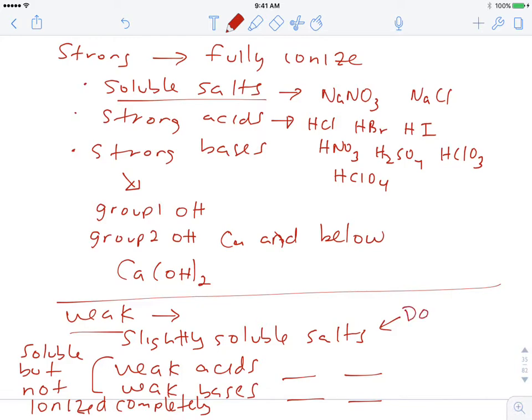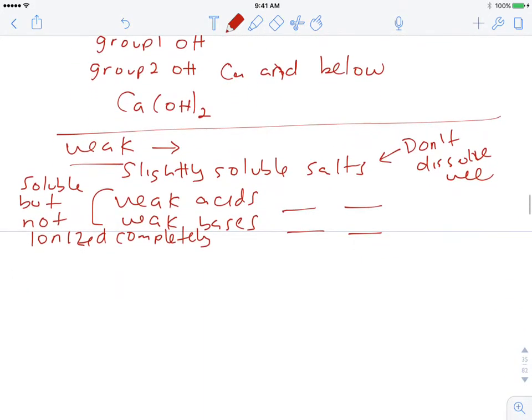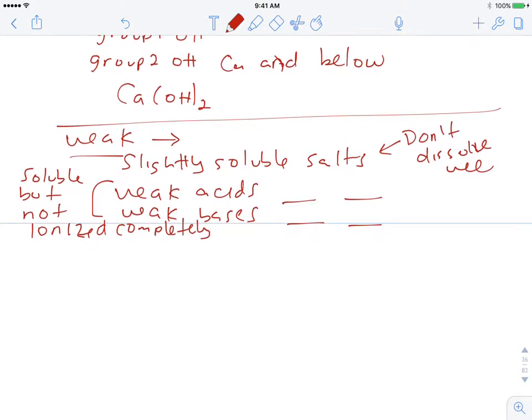These don't dissolve well. Any of the salt that does dissolve will ionize. Any of the salt that does not dissolve will not ionize. Weak acids and weak bases dissolve, and yet when they dissolve, they don't actually ionize. So there's a difference there between them.